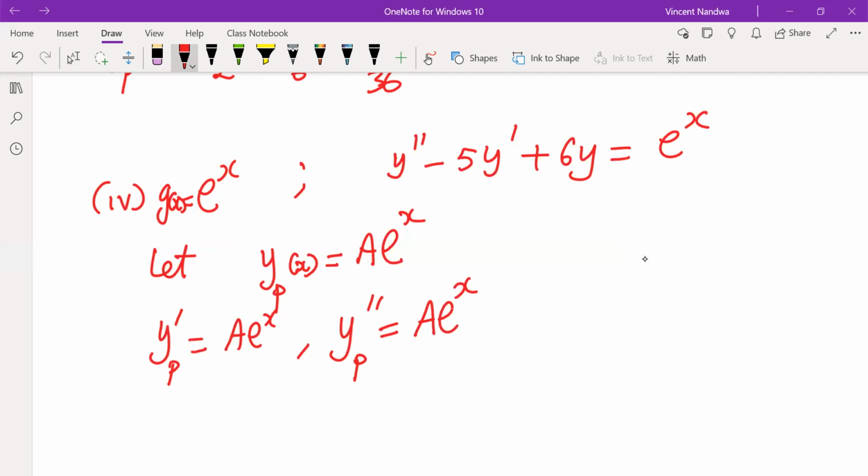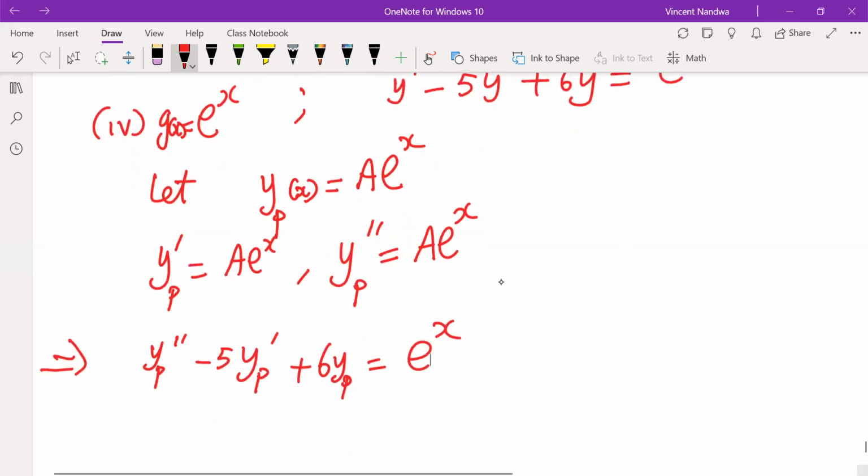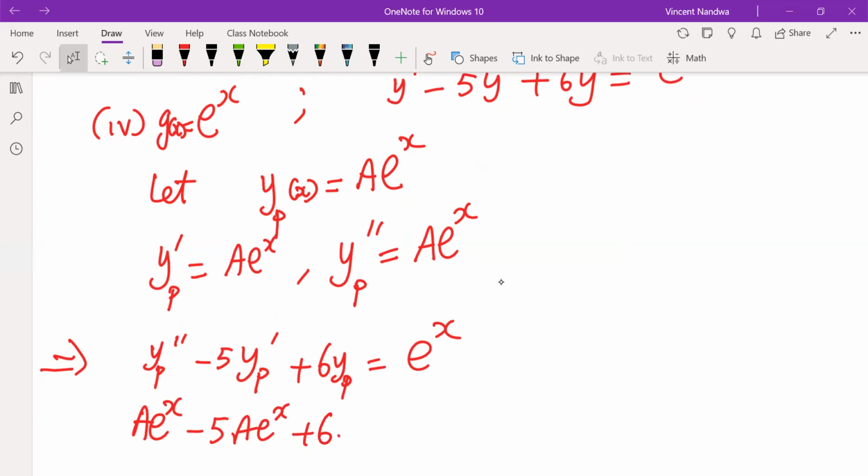So this being a solution, then yp double prime minus 5yp prime plus 6yp should give us e raised to power x. Now we replace, so we'll have a e raised to power x minus 5a e raised to power x plus 6a e raised to power x equals e raised to power x.